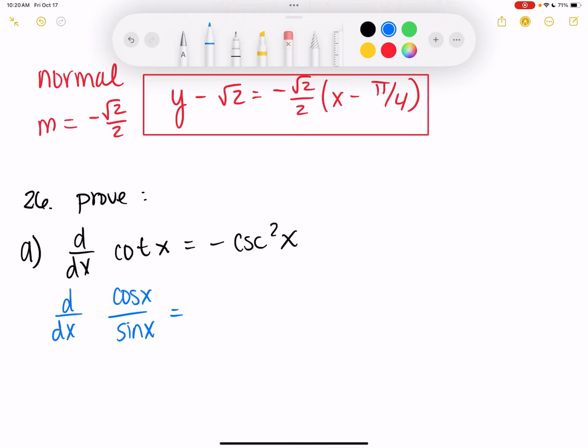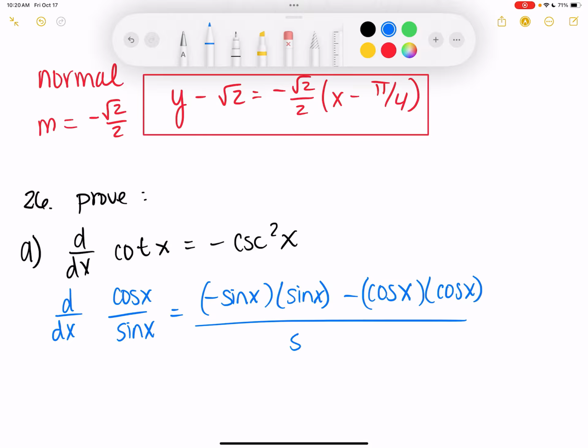So we have the derivative of the top, so minus sine of x times the bottom, sine of x, minus the top, cosine of x, times the derivative of the bottom, which is cosine of x, all over sine squared of x, or sine of x squared, doesn't matter.